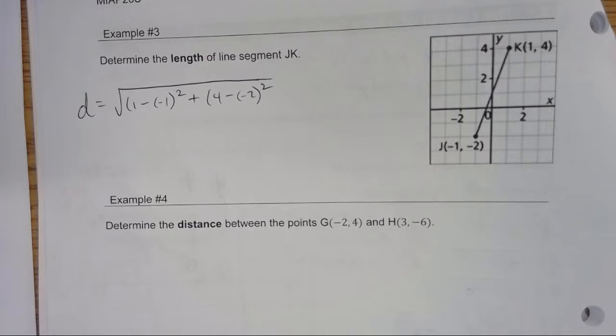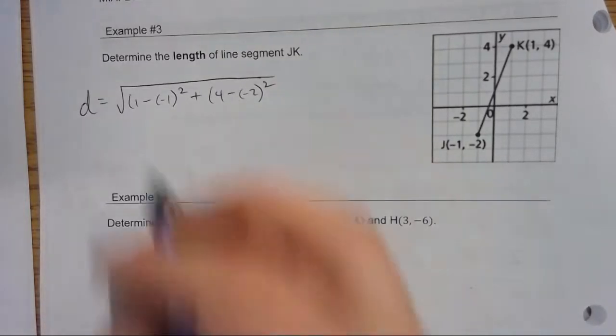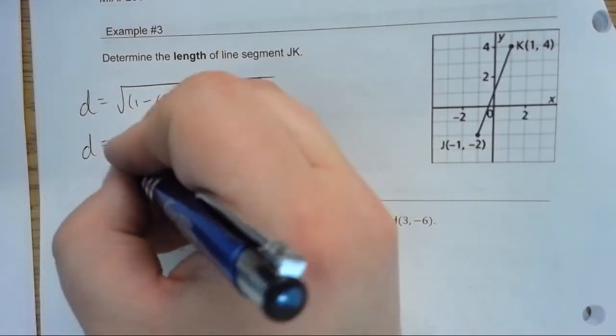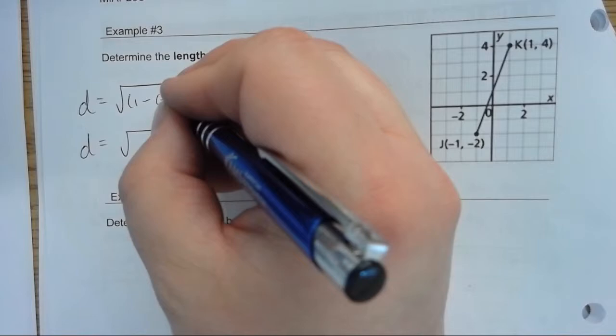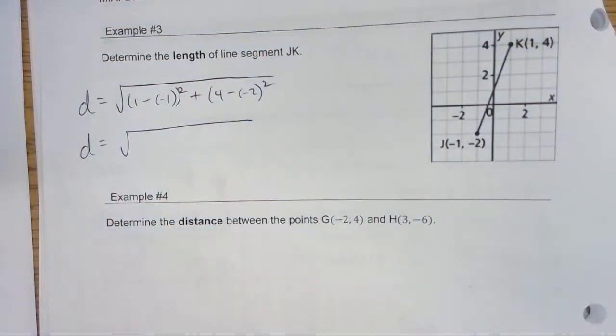Everybody see that? Okay, so that's going to be distance is equal to the square root of, I'm missing a bracket there, aren't I? There we go, that's better.